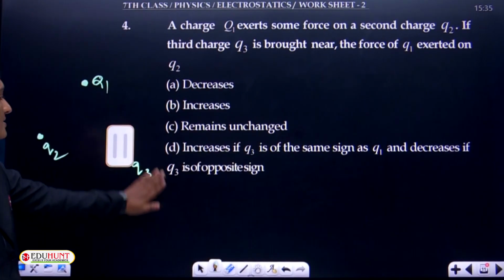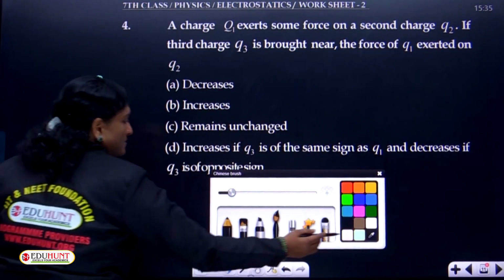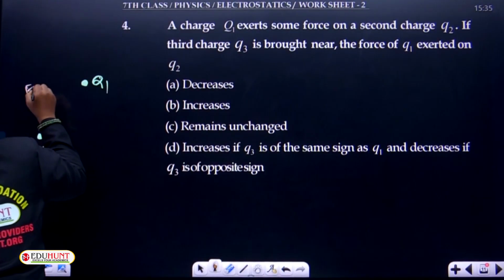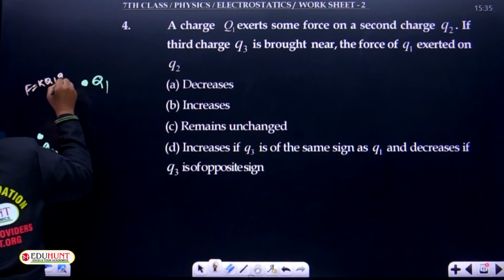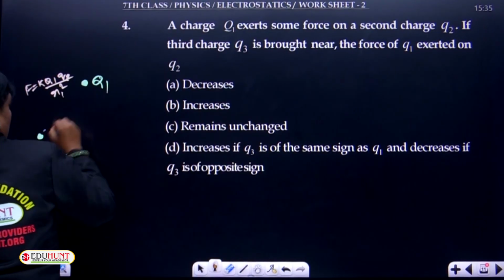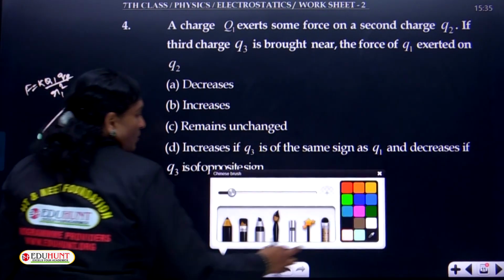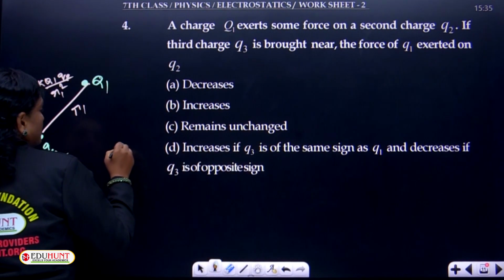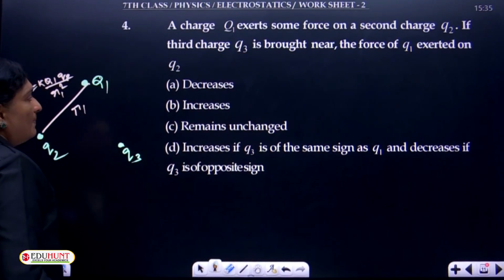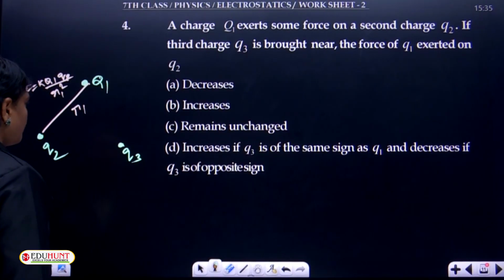First of all, what they are saying is that a charge Q1 exerts some force on the second charge Q2. The force must be equal to some F equals K times Q1 Q2 by the distance square, initially some distance R1. If a third charge Q3 is brought nearby, the force of Q1 exerted on Q2 will be what?